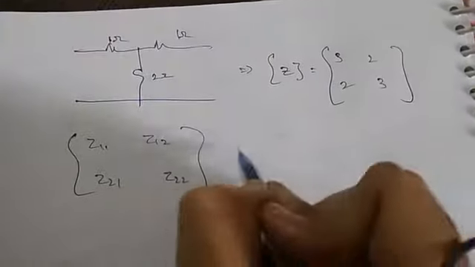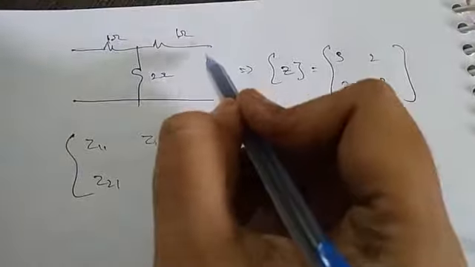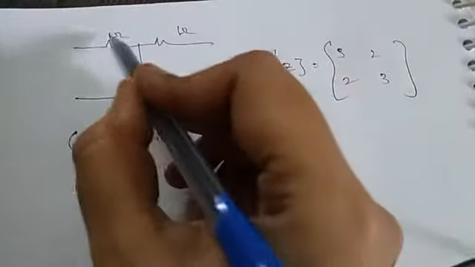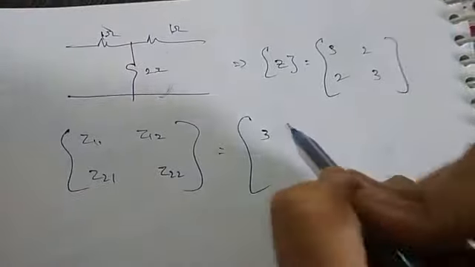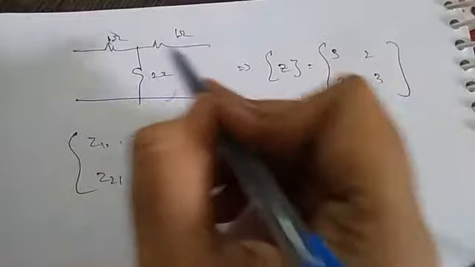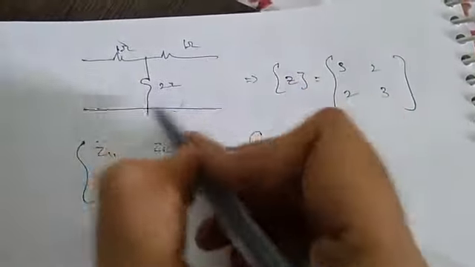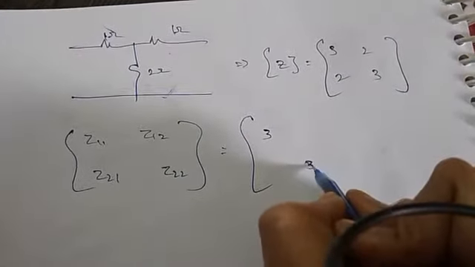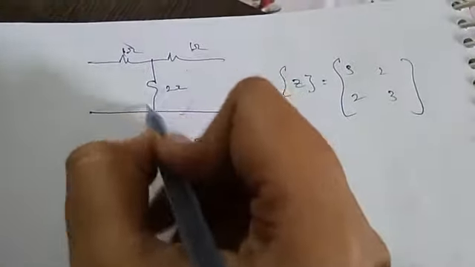When the second port current is 0, this is a redundant element, and these two are in combination, so it is 3. Similarly, when the second port is open, this is the redundant element, and these two are in series, so this is 3.